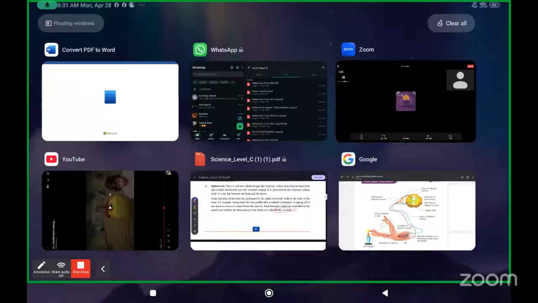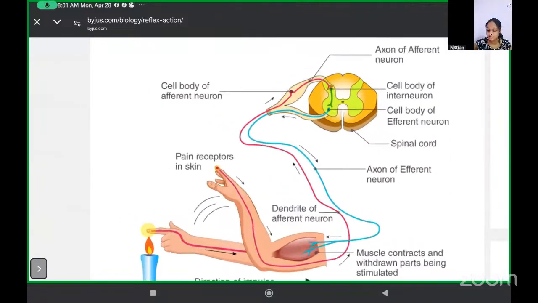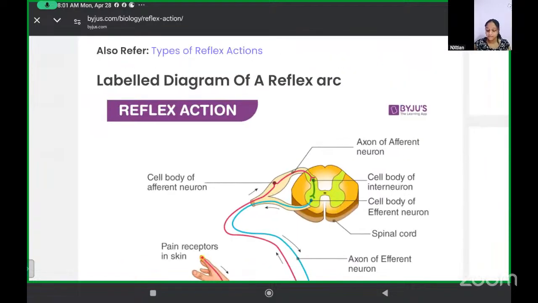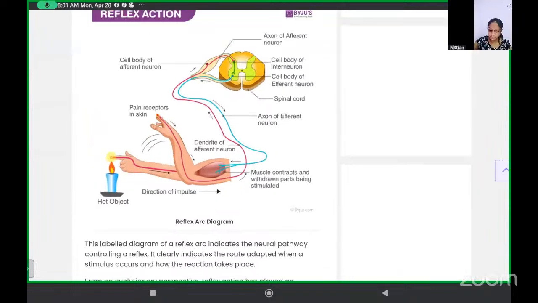I'm not really finding that diagram. I'll be sharing a simpler diagram that is uploaded in the group, but I'll have to look for it once again.